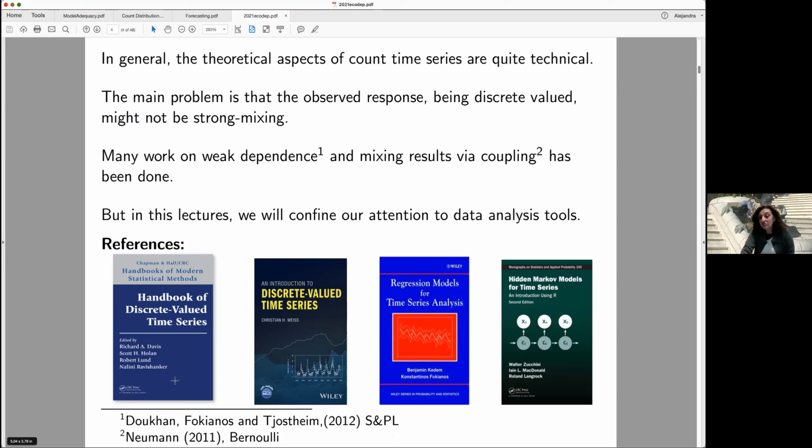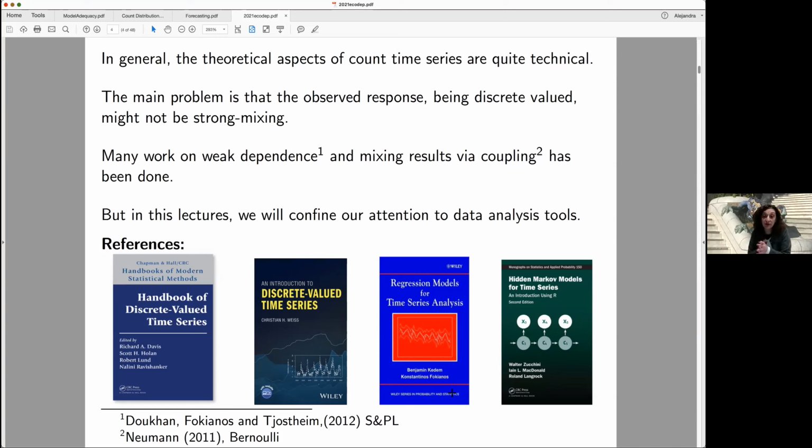And then for essentially the three main methods of analyzing this data, we have three books: Zucchini and MacDonald, and now Langrock. This is a very nice book that treats count time series as stochastic processes, hidden Markov models. Then there is the book by Kedem and Fokianos, from 2002, I guess.